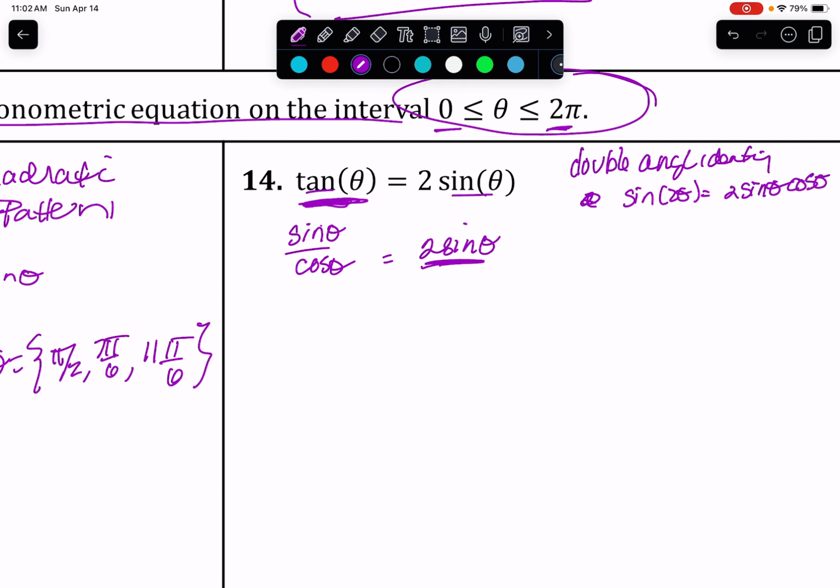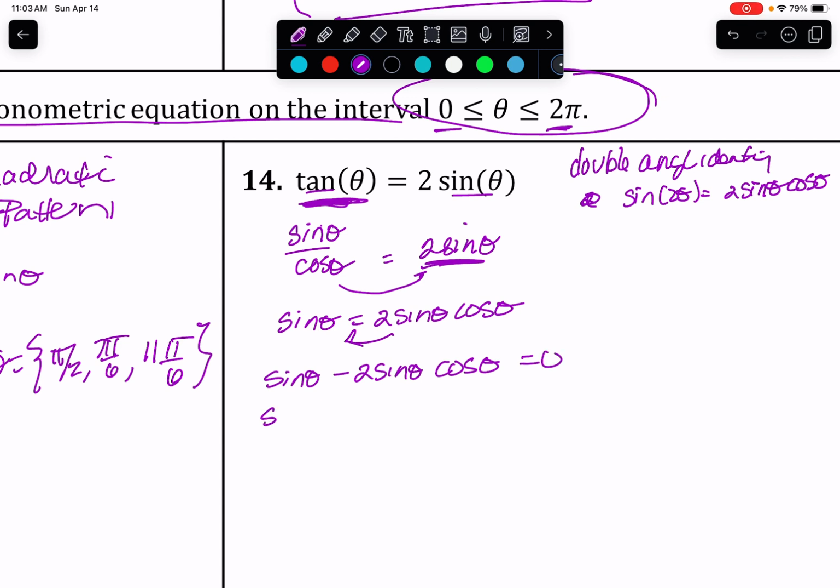All right, so if we multiply this on that side, we get sine theta equals 2 sine theta cosine theta. So now let's move that and set it equal to 0. So I have sine theta minus 2 sine theta cosine theta equals 0. So factor out a sine theta, and I get 1 minus 2 cosine theta equals 0.